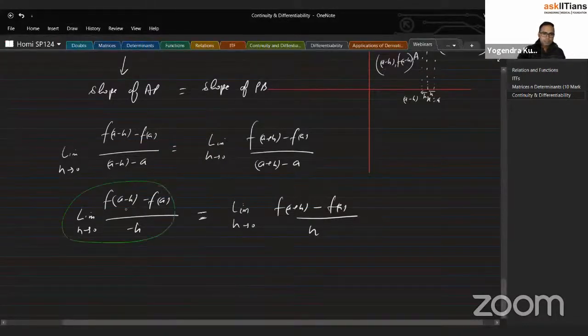This expression represents LHD at x equals a, and this represents RHD at x equals a.